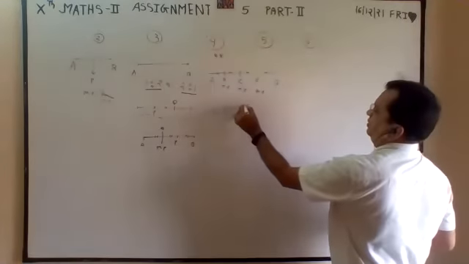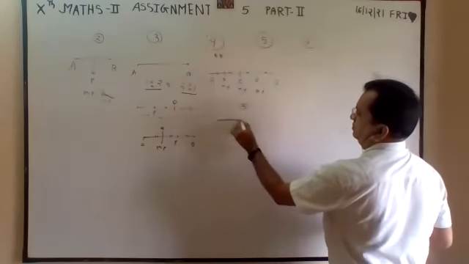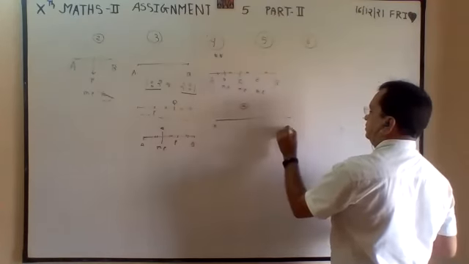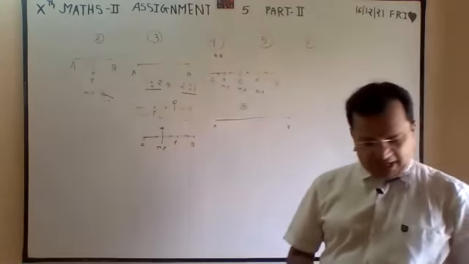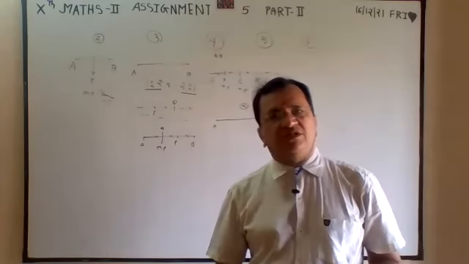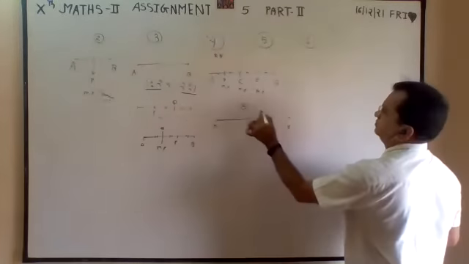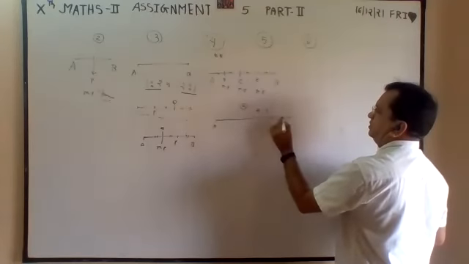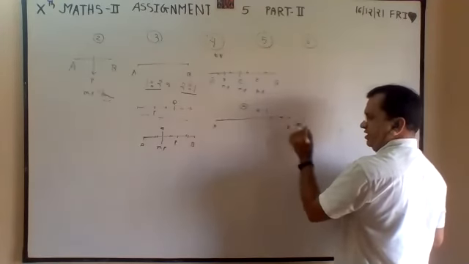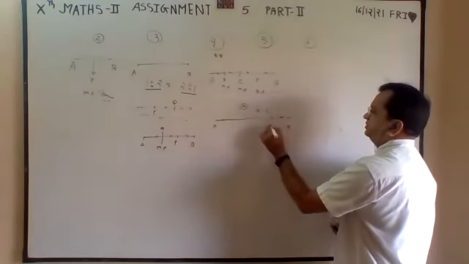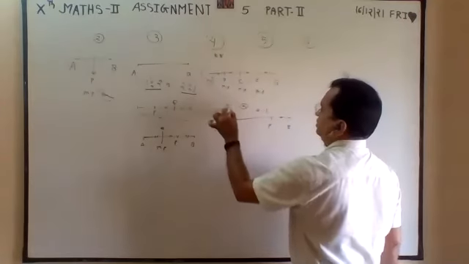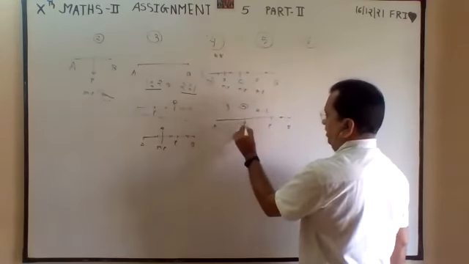Now 5 part. Start with 4:1. So 4:1. This part you will get 1 and this part will be 4. Then repeat this here of this midpoint.